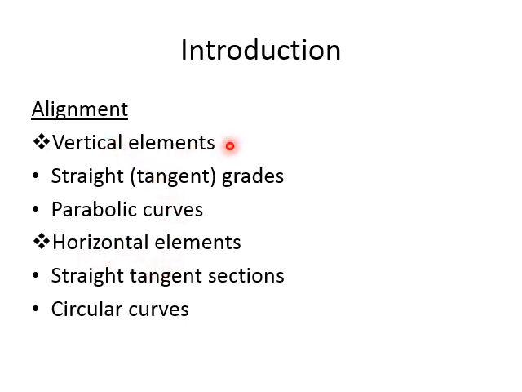So vertical elements of the alignment of the highway include the straight sections, which we call tangents, and the sections which are used for joining these sections. The tangents or the gradients are joined by curves so that we don't have sudden change in gradients or sudden change in vertical alignment. So normally in the vertical plane we use parabolic curves.